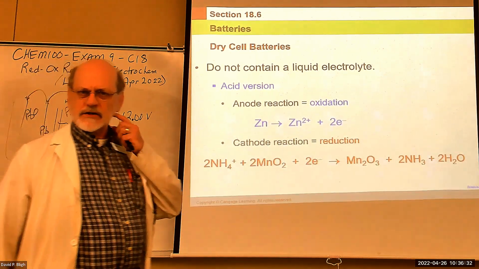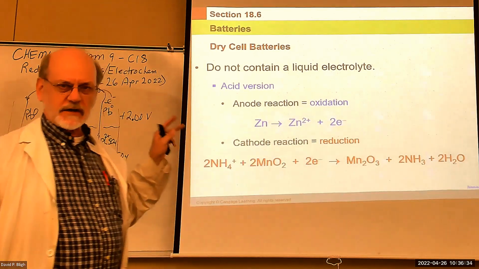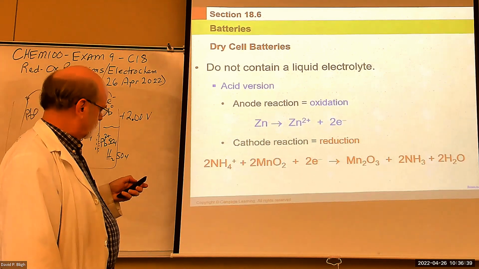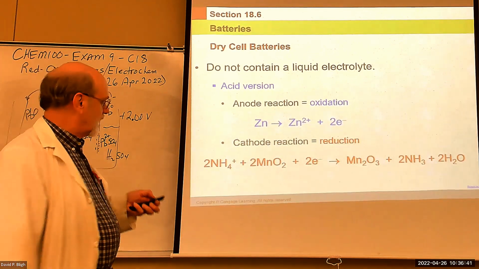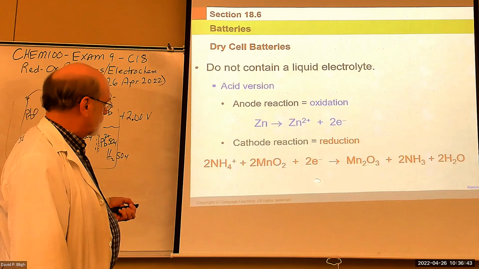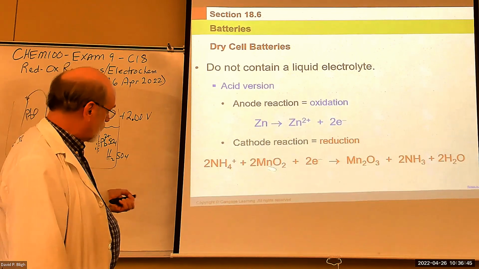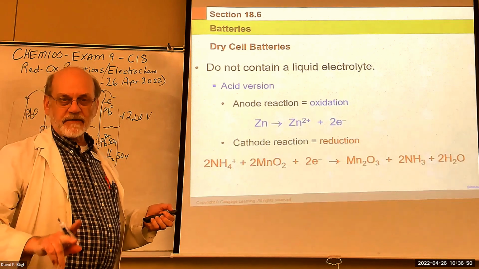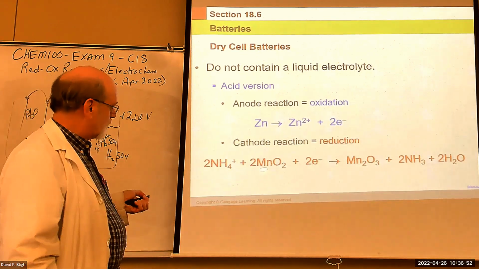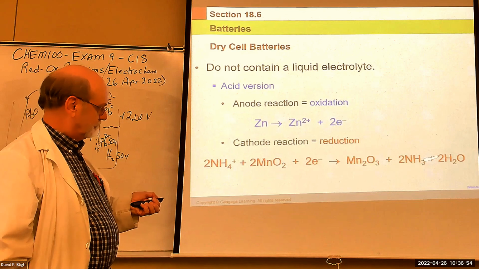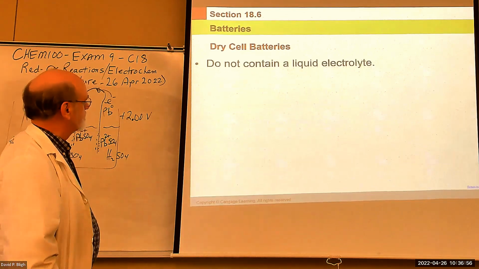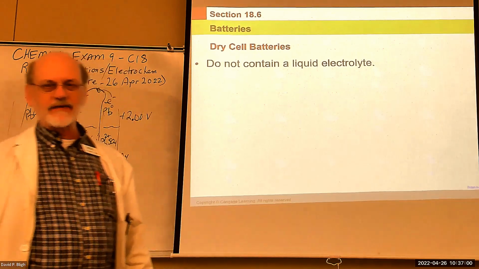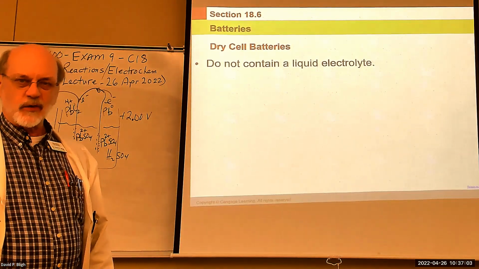No, this is the dry cell. This is the one you see on the grocer's shelf. My mistake. One version. And the reduction side is this one. So these electrons go in here, they go external, then they go to the positive pole of your battery and finish off this reaction. The reason they're called dry cells is they don't have a liquid electrolyte.